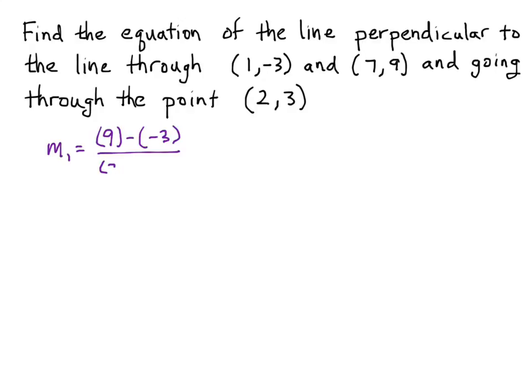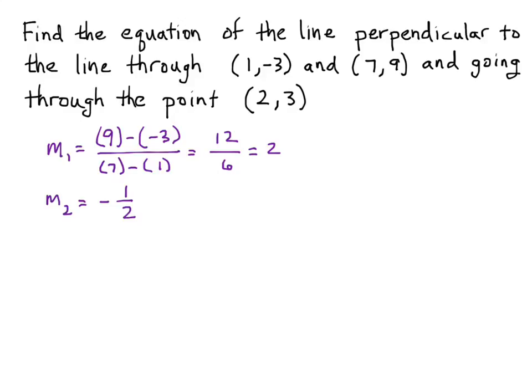Okay, so we calculate the slope first of that first line. So we take 9 minus a -3 divided by a 7 minus 1. And so we get a slope of 2. And so we know that the slope of the perpendicular line that we're looking for is the negative reciprocal. So the negative reciprocal of 2 is -1/2.